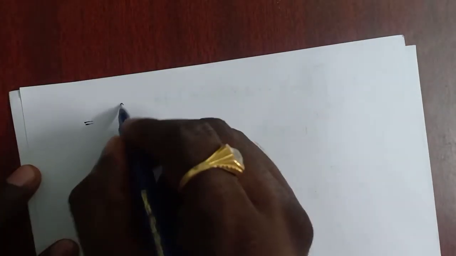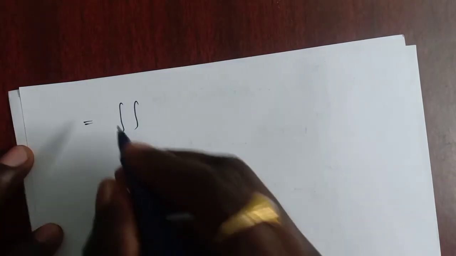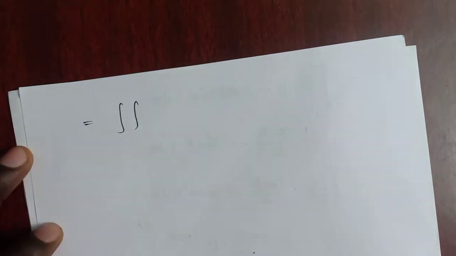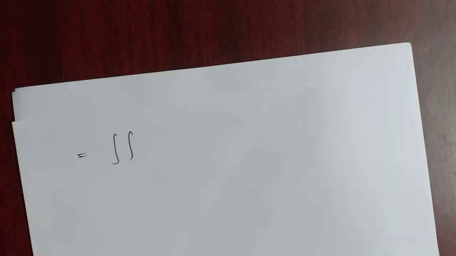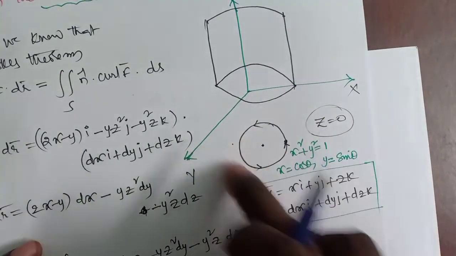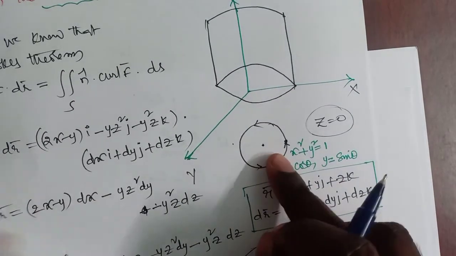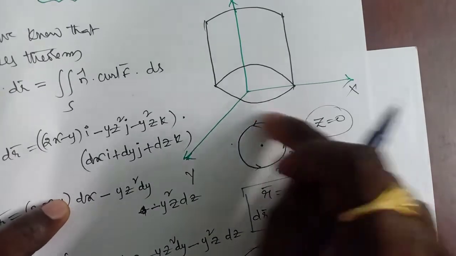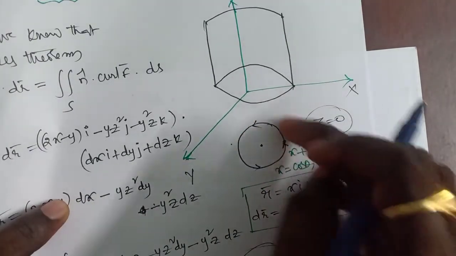Finally, the double integral over the region. So clearly here the region we need to integrate is on the xy plane. Clearly the region is what? Circle. So this is the circle.